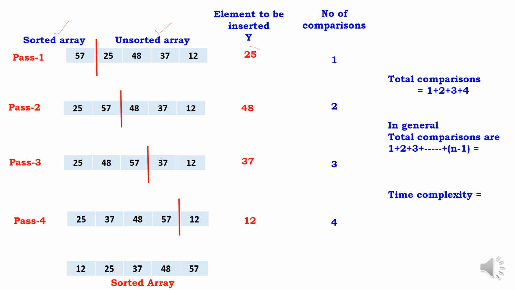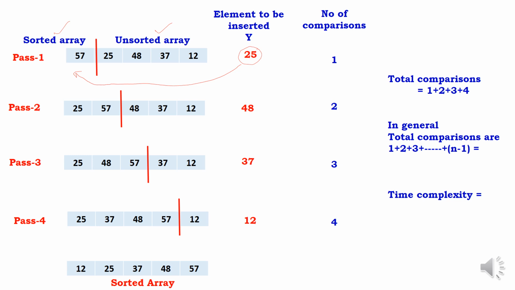In the first pass, we are trying to insert 25 into the sorted array. So 25 needs to be compared with all the elements of the sorted array. There is only one element in the sorted array. If you want to place 25 in its sorted position, 25 has to be inserted before 57.